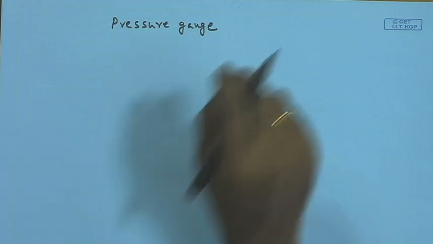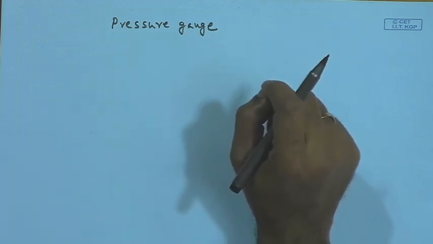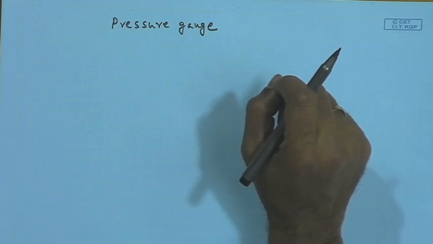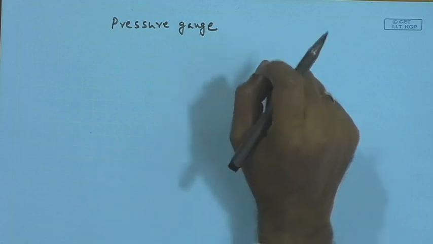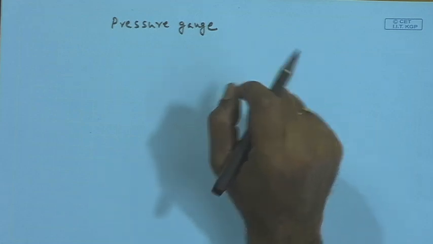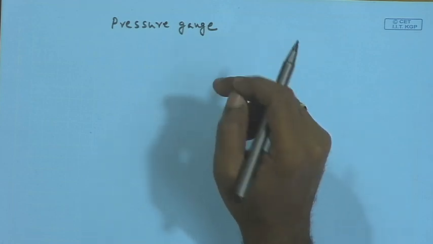Suppose we have a sufficiently accurate pressure gauge and we are measuring a certain pressure with this pressure gauge several times.